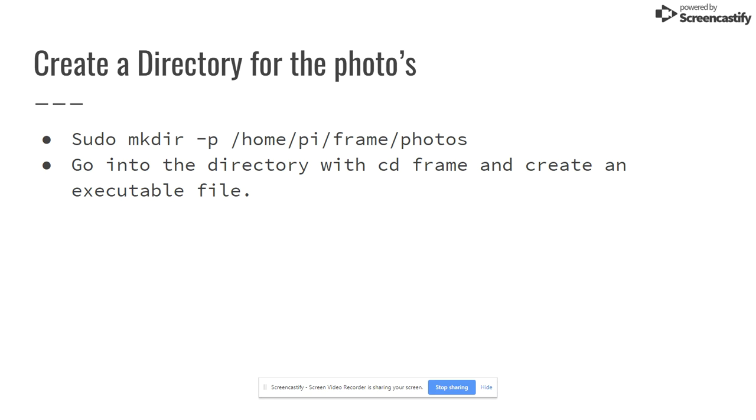After I installed both of those, I had to create a directory for the photos. So I made a directory, and my directory was called home/pi/frame/photos. And then I went into the directory with the command cd frame, and I needed to create an executable file for my photos.